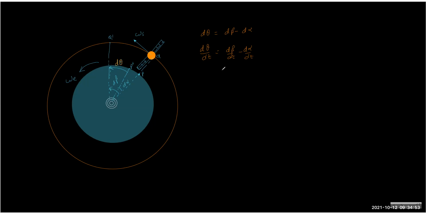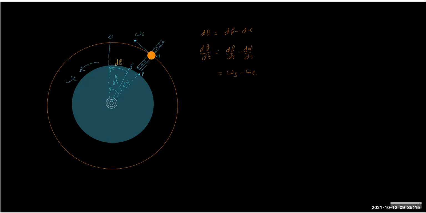And therefore, we can easily write this as d beta by dt, which is omega of satellite, minus d alpha by dt, omega of Earth, and this is the omega relative, or just simply d theta by dt.